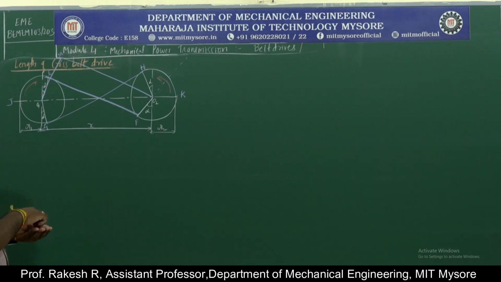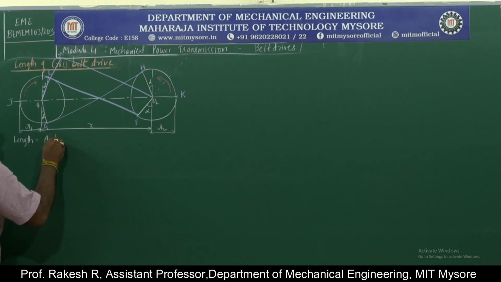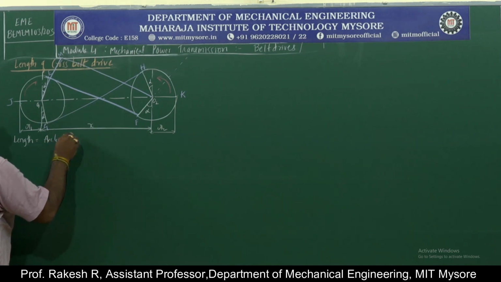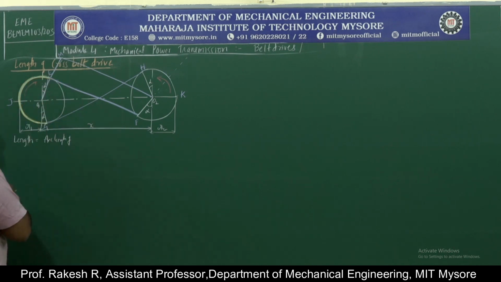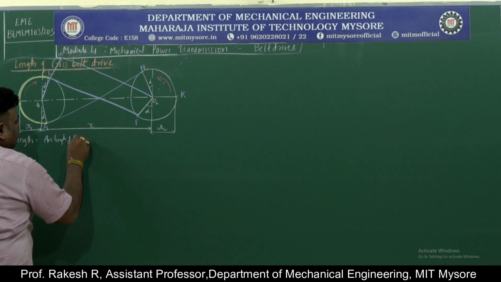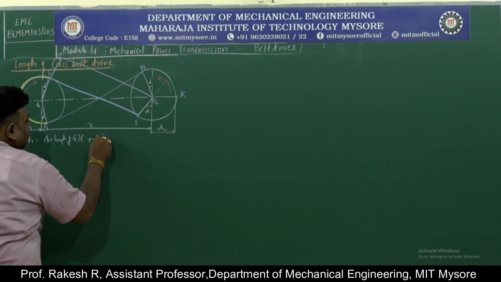Let us see the length of cross belt drive. So total length will be equal to the arc length of GJE, plus EF.